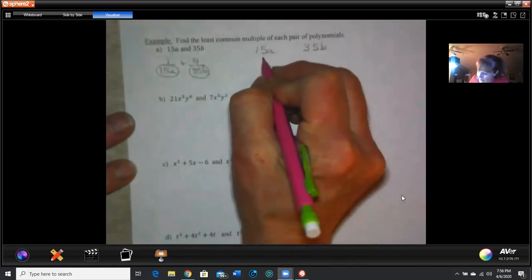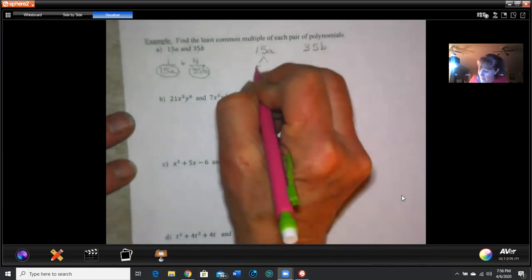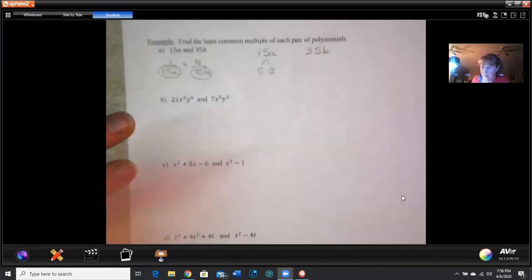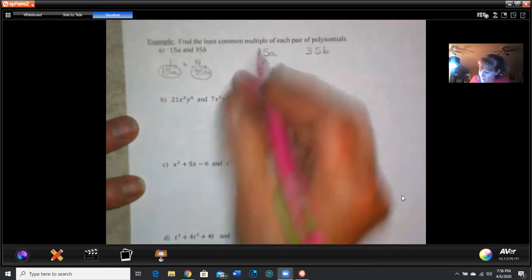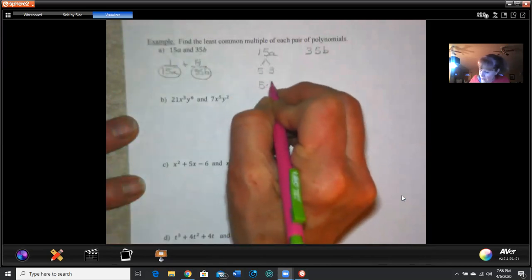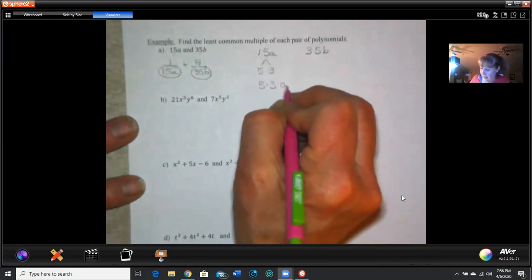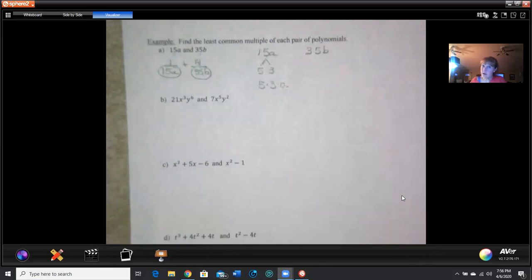First off, let's look at 15. Well, 15 is 5 times 3. We're done with the primes. We've got 5 to the first, because we have one of them, 3 to the first, and then don't forget your variable a. There's our first one.